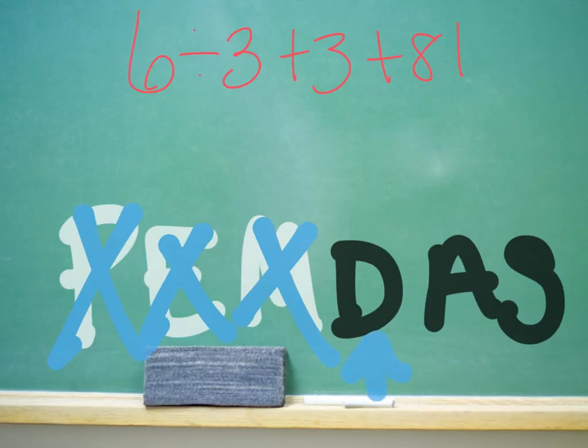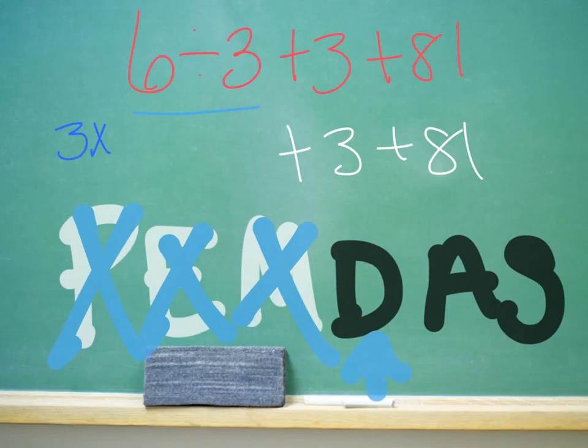So where do we see a division problem? Well, we have 6 divided by 3 plus 3 plus 81. Alright, so now, how many times does 3 fit in 6? 3 times 1 equals 3. 3 times 2 equals 6.